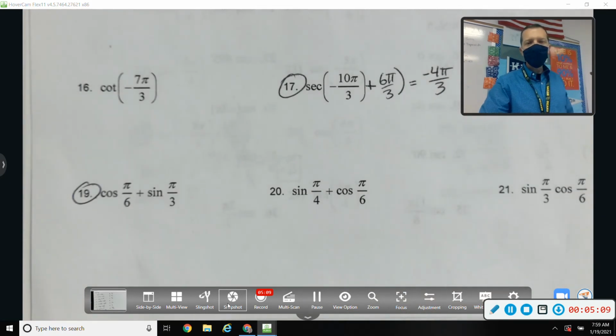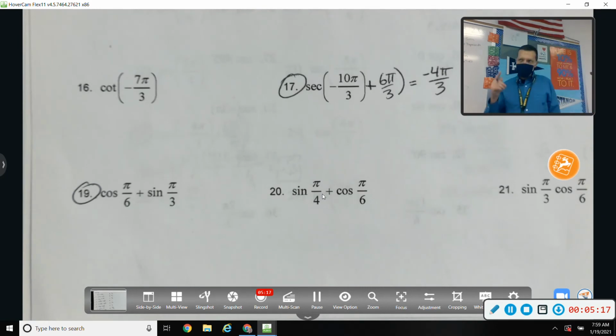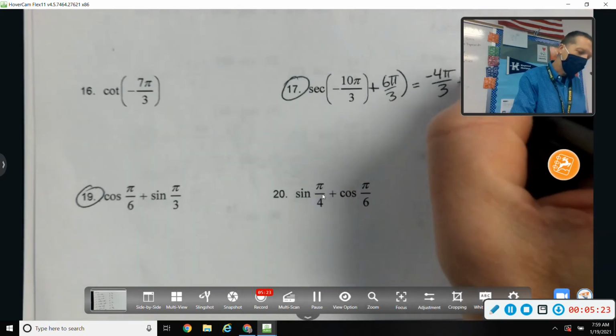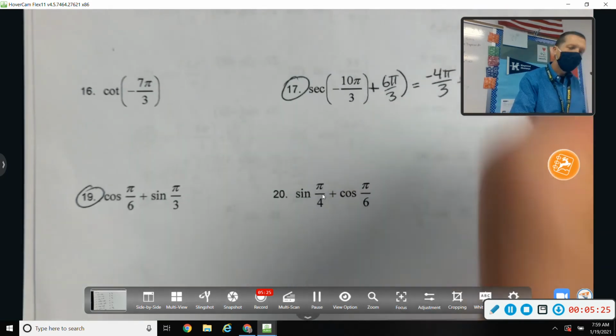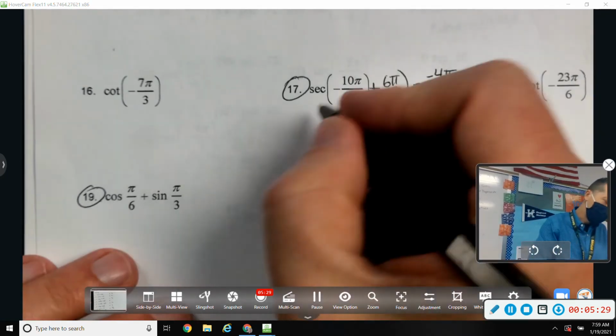And maybe I know where that is, but maybe I don't. Some people could go backwards 4 pi over 3 and figure out where they're at. Other people would say, I don't want to mess with that. Let's add 2 pi again. So I'm adding 6 pi over 3. And that gets me to 2 pi over 3.